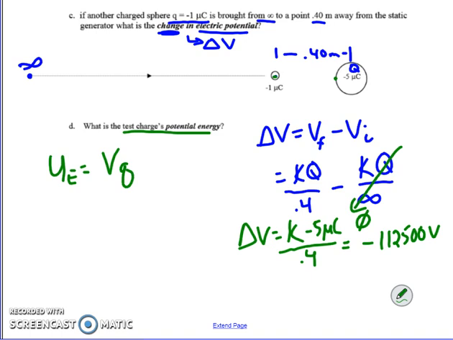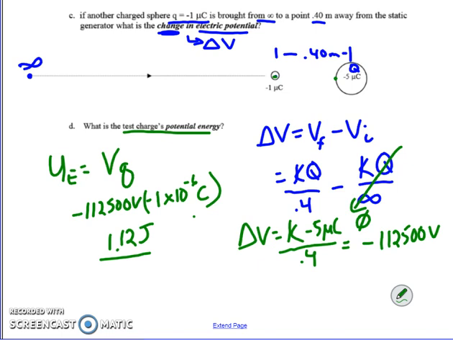We just figured out that our voltage at that point is negative 112,500 multiplied by -1, because it was a negative test charge, times 10 to the -6 coulombs. Multiply that out, and we're going to find that our amount of energy is a positive 1.12 joules. So less than we had before when we brought it further in. I'm sorry, not 1.12, 0.112.